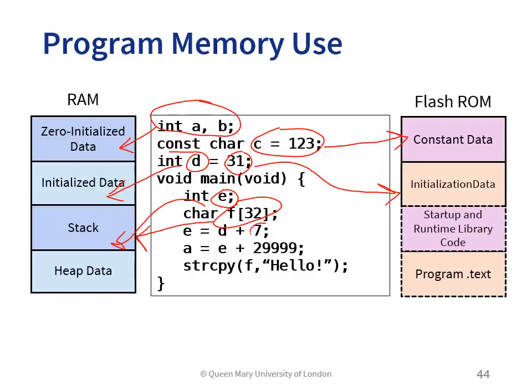Values like 7, 2, 9, 9, 9, 9, they are within the program. They are small values that we would like to put together with the program. So we are going to load that into our instructions.